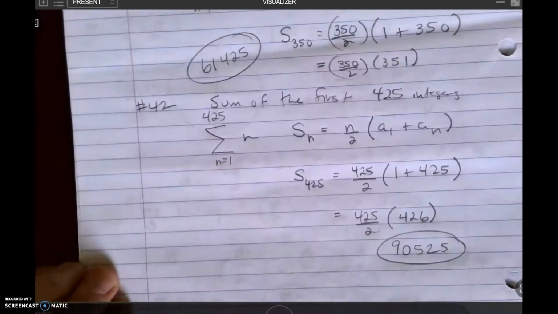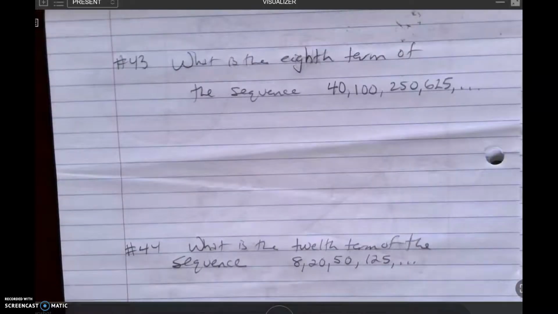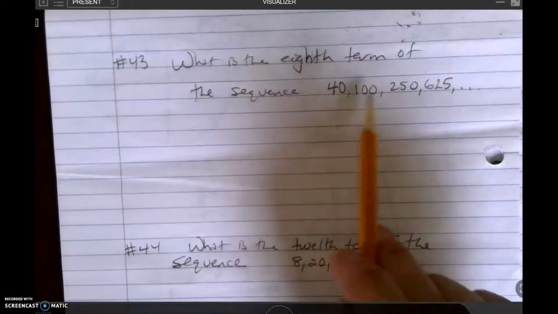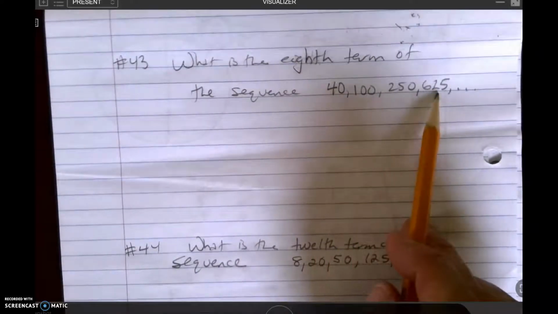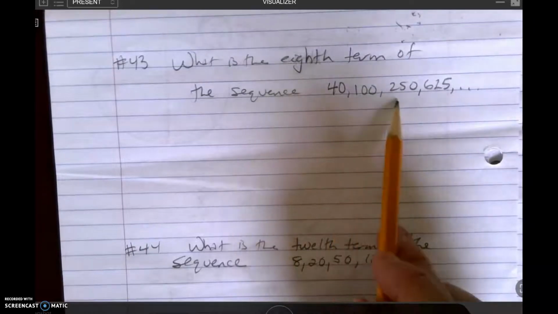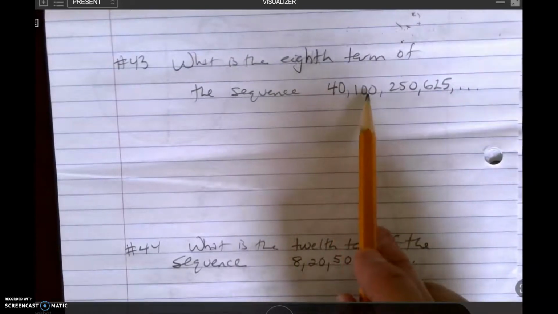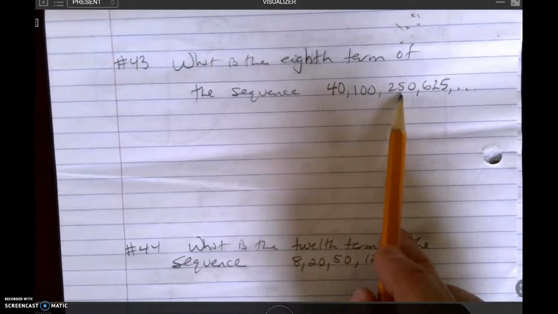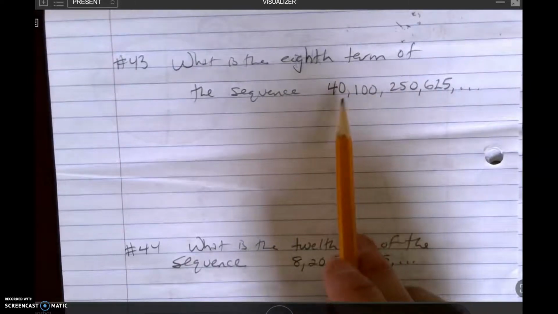Okay. Last two problems. So we're asked in number 43 to find the 8th term of the sequence 40, 100, 250, 625. I can tell it's not arithmetic because it goes up by 60 and then it goes up by 150. So I'm thinking it's geometric.